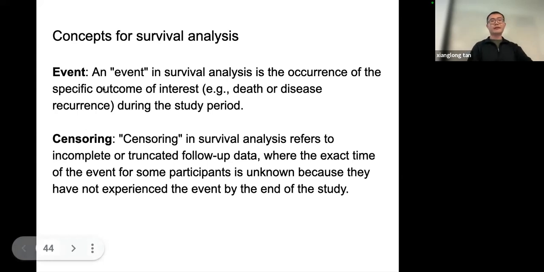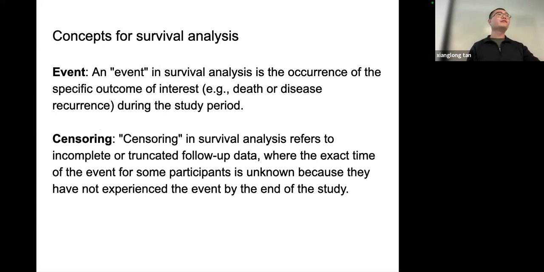Event usually indicates our experimental criterion, which in our case is life or death. If a patient is dead, they have experienced an event, called deceased or dead. And censored in survival analysis usually refers to incomplete collection of data during the experimental period.